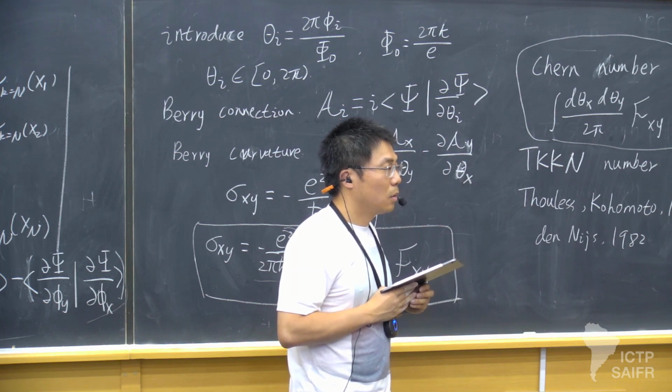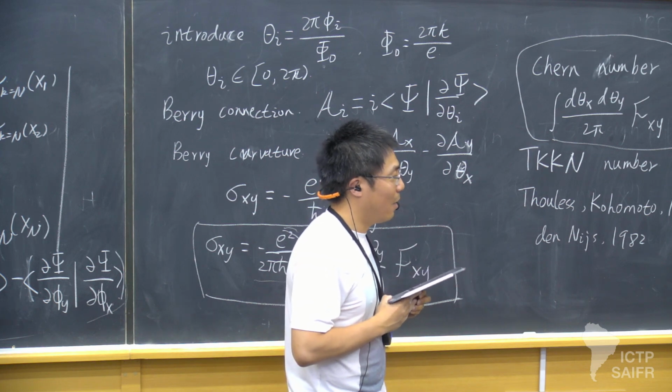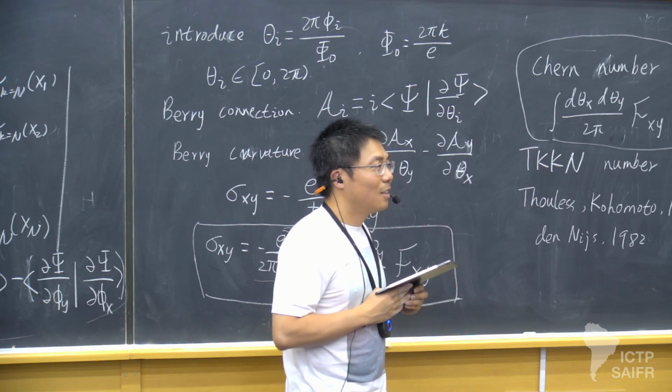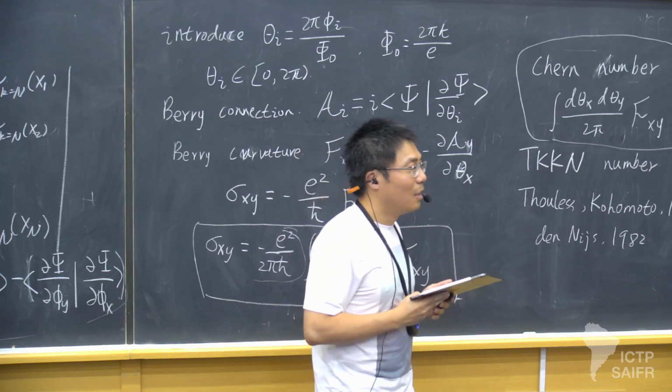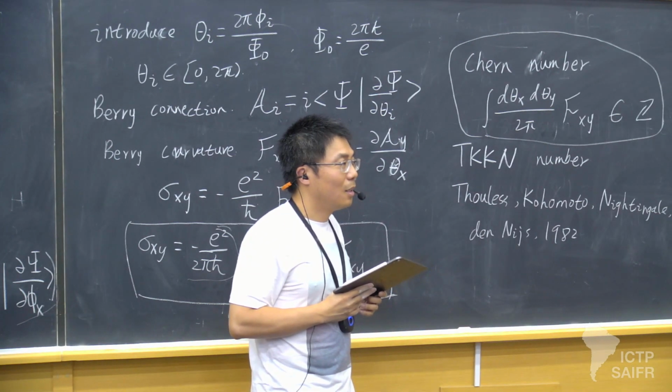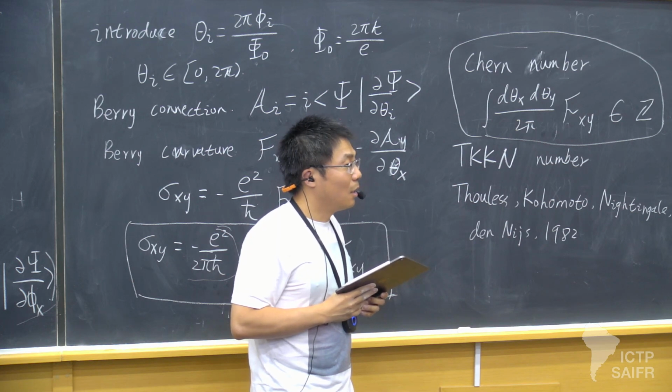Maybe that can help also, or not? Yeah, or you can put it on any geometry you like, such as a torus, a sphere, or anything you like. And in any geometry, we can always have this integer number. Yeah.